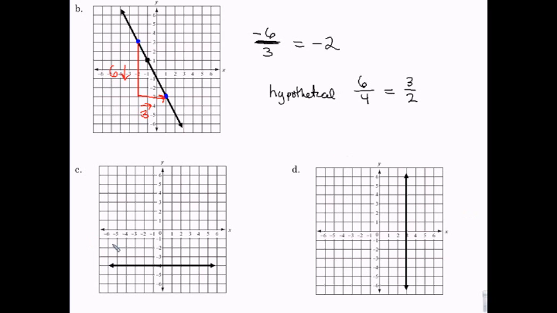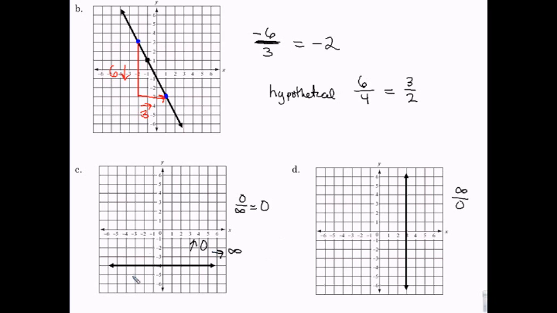Okay, now here, okay, whoops. I can't count anything up and down, right? So I go up 0 and over a bazillion. It's going to be 0 over a bazillion, and that's going to be 0. Here I go up a bazillion, and I go over 0, and that's undefined.